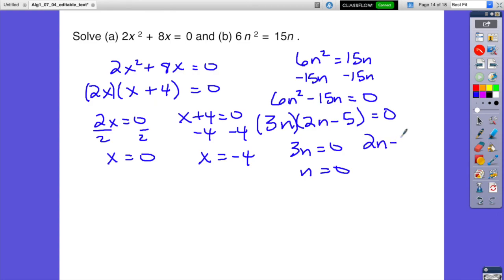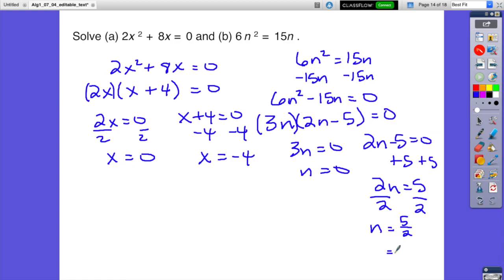The second root is going to be a little bit harder because it's going to be a fraction. We're going to add 5 to both sides. So 2n equals 5. Divide both sides by 2. So n equals 5 over 2, which is the same thing as 2.5. Okay, there's a lot of information. Let me know if you have any questions and enjoy the work.